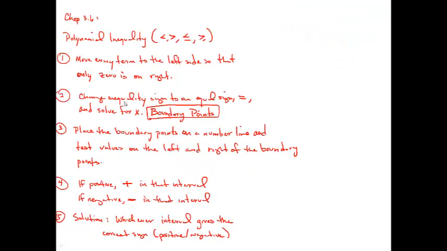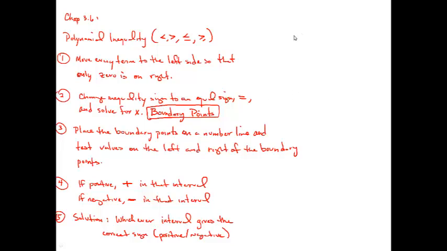So let's look at number 72. The steps are still the same, except the main difference is right here. Step 2, when it says change the inequality sign to an equal sign and solve.